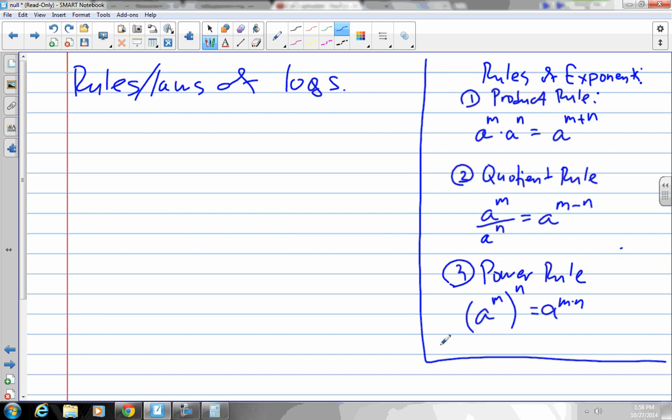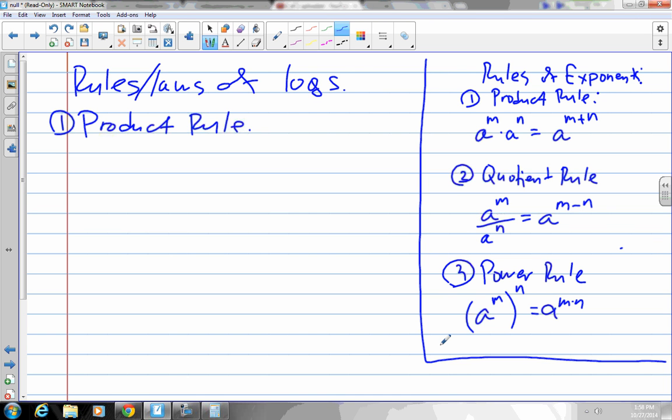So the equivalent of a product rule for the logarithms, because the rules of exponents, these are my exponential functions. And the logarithms are the inverses of the exponential functions, and the logarithms are exponents. So if you answer this question, what do we do with exponents when we multiply?